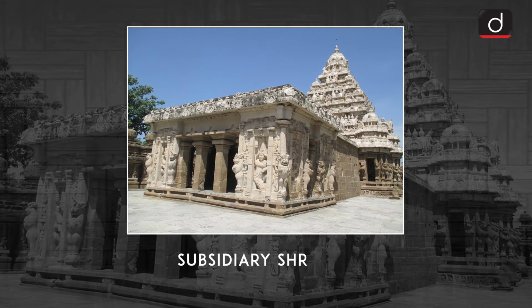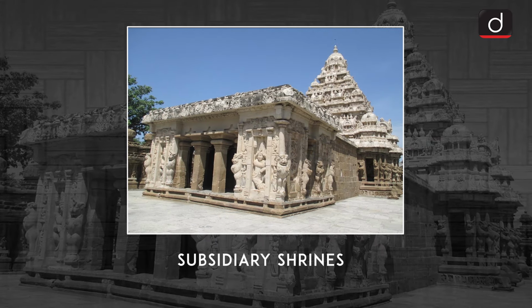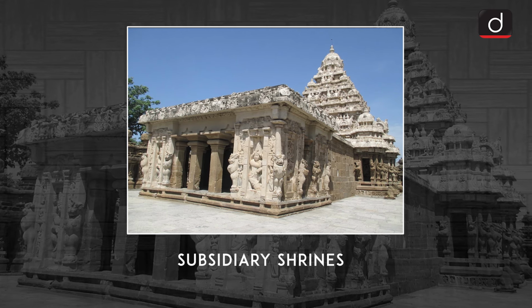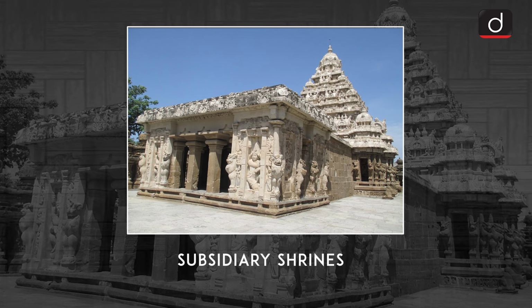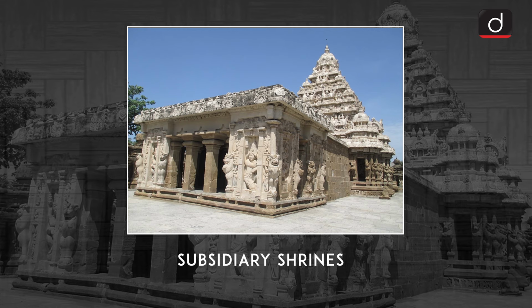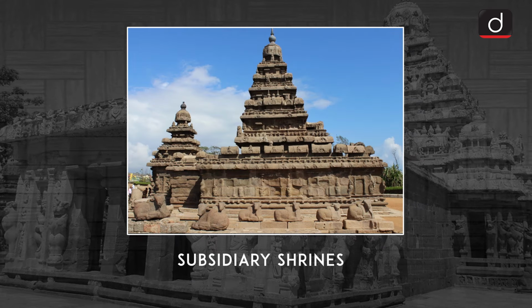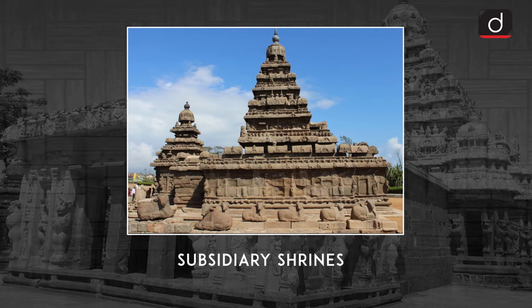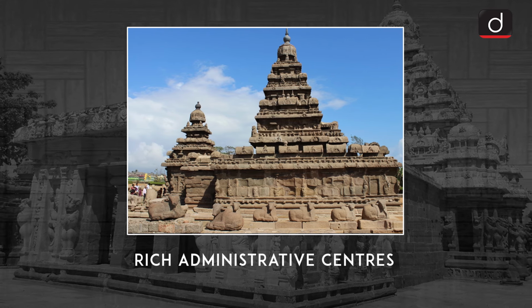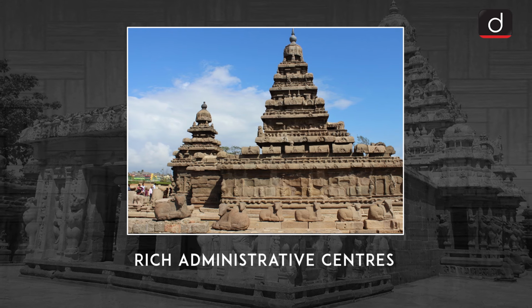Subsidiary shrines are either incorporated within the main temple tower or located as distinct separate small shrines beside the main temple. During the 8th to 12th centuries, the role of the temple was not limited to religious matters alone. Temples became rich administrative centers controlling vast areas of land.